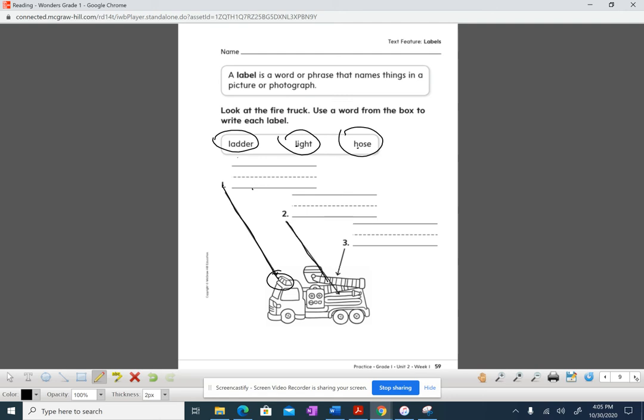Number 2 is pointing to a hose. Oops, I told you the answer, but you can write it. And number 3 looks like this is a what? I'm going to give you a minute. Ladder, light, hose.